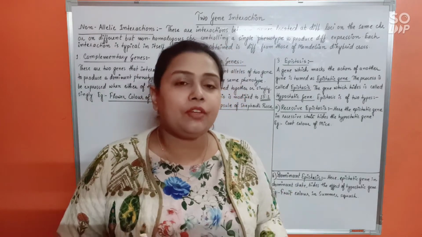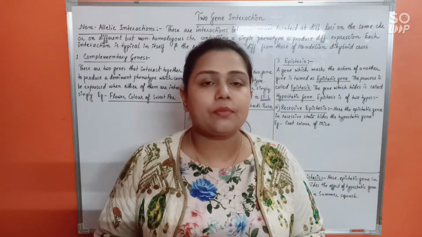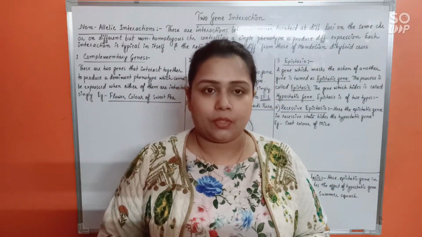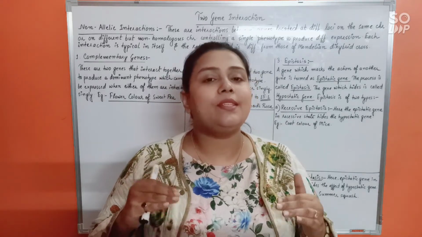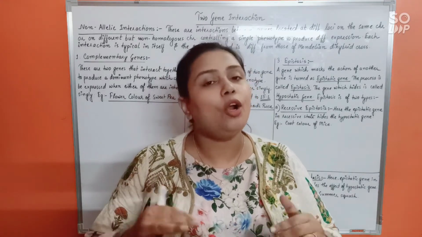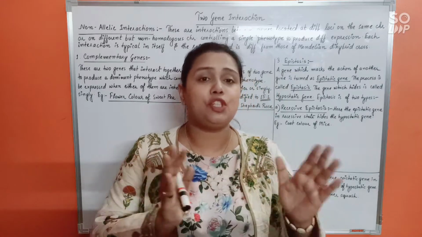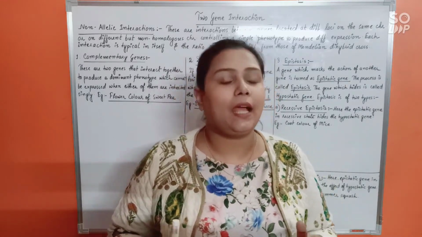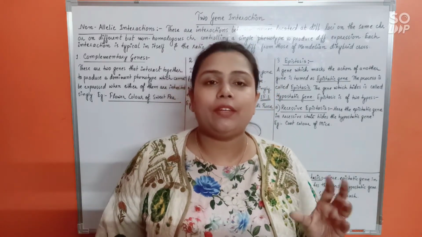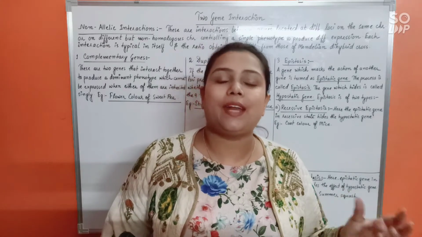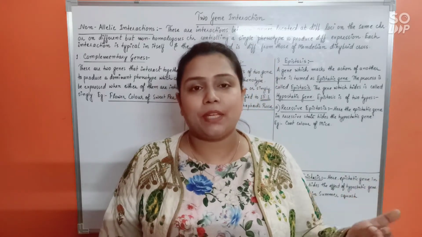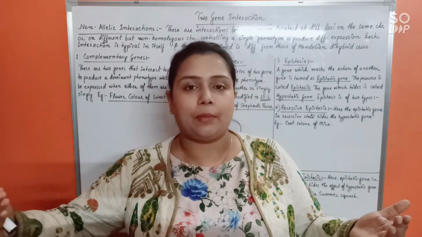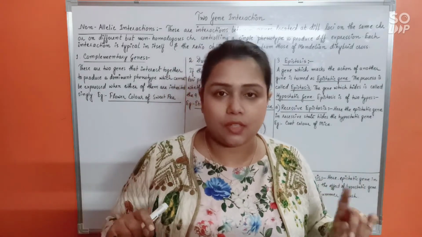Complementary genes basically means two genes, which may be present in the same chromosome or different chromosomes, but two different genes. Just like in the dihybrid cross, you have taken the cross between capital R and capital Y. These were two different genes, isn't it?